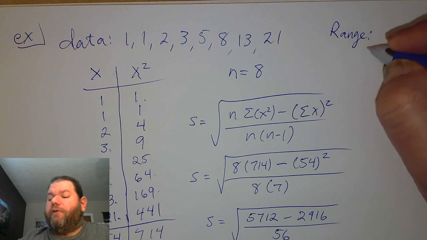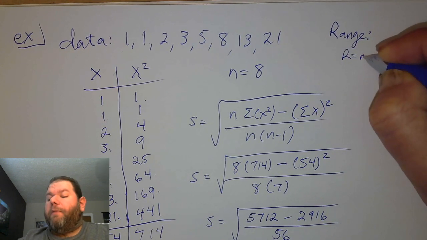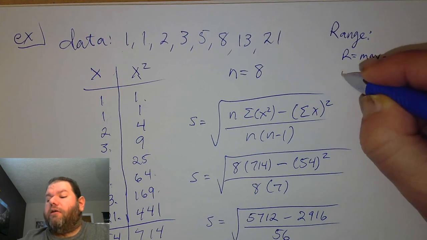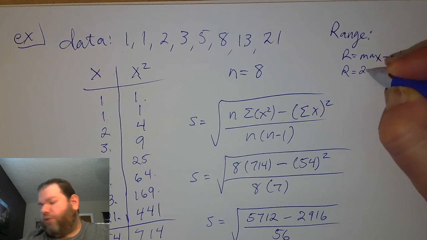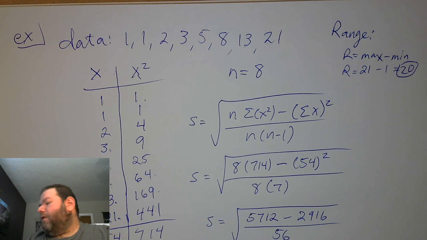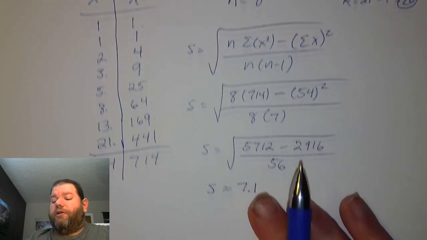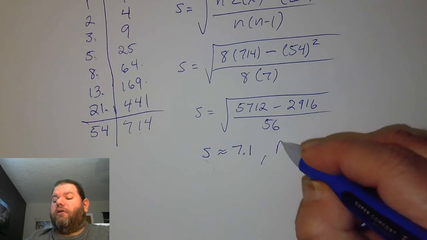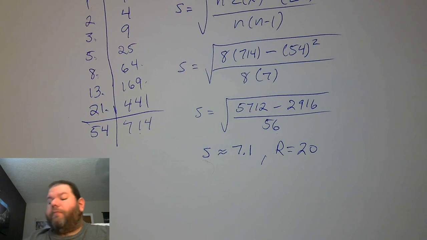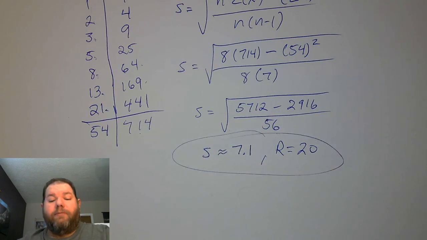Remember, our range was our maximum minus the minimum value, which is 21 minus 1, exactly. That's where we get the 20 from. Alright, so we had a standard deviation of 7.1 and R equals 20. So these are our measures of dispersion for this particular data set.